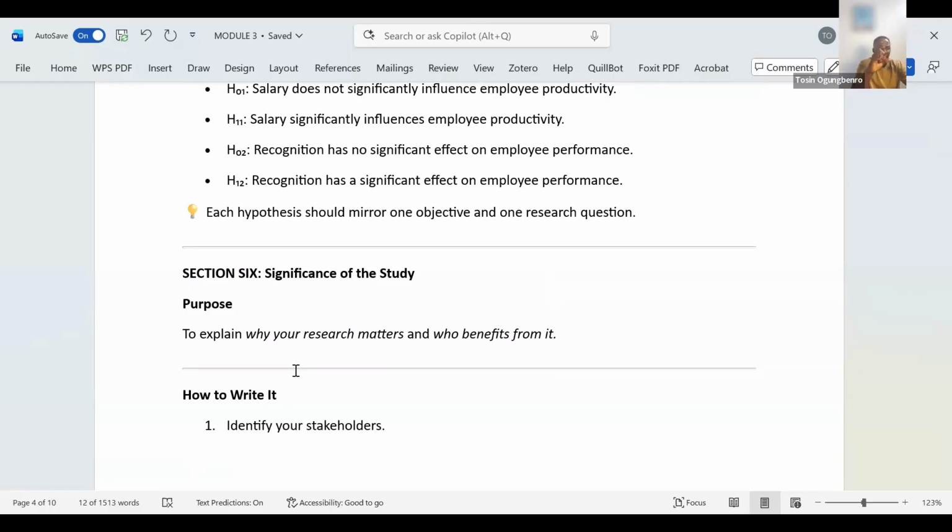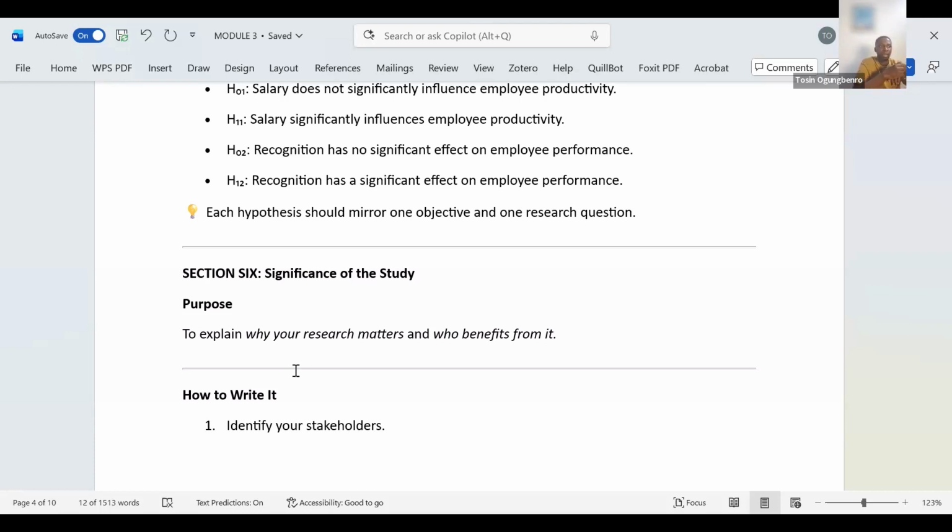Your study might also be affecting your field in terms of contributing to the general body of knowledge. So your significance of study is talking about who benefits from your study.